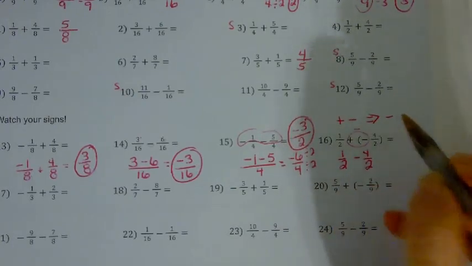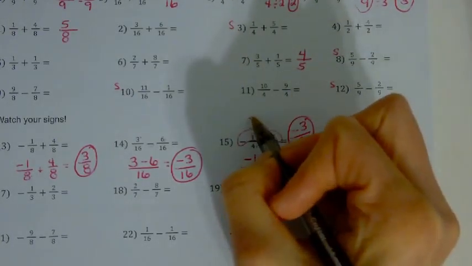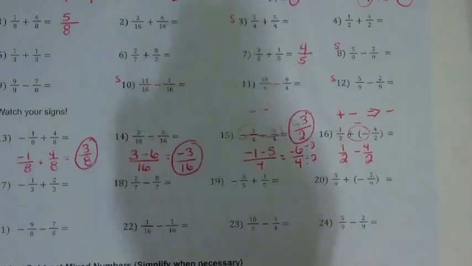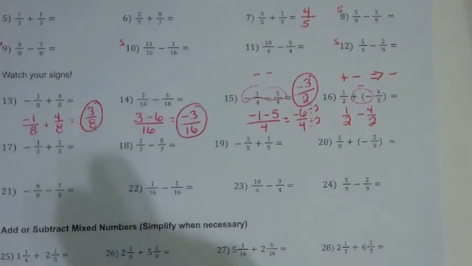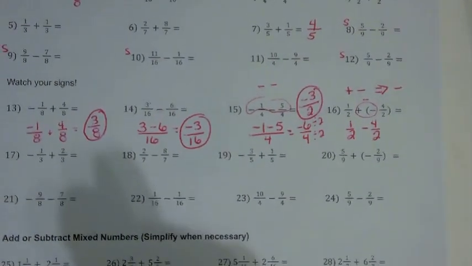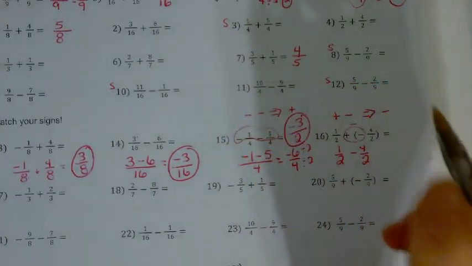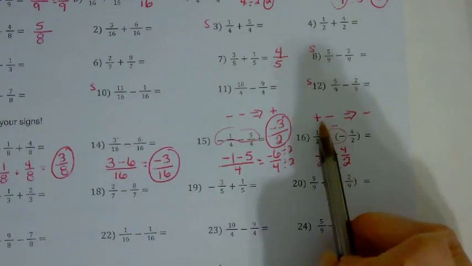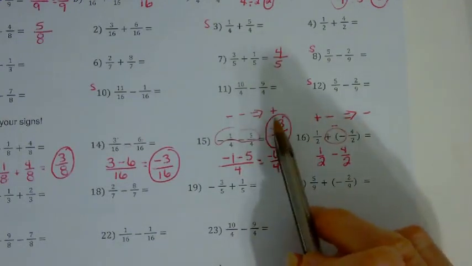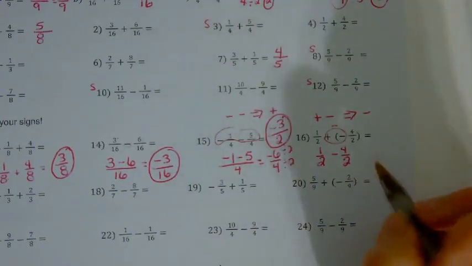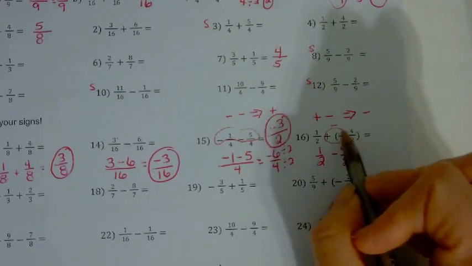And if you remember, a minus, do we have any minuses in here? No, I guess we don't. But a minus becomes a plus. All right, so plus minus becomes a minus, and a minus becomes a plus. Those are double signs. Okay, so this plus minus became a minus.